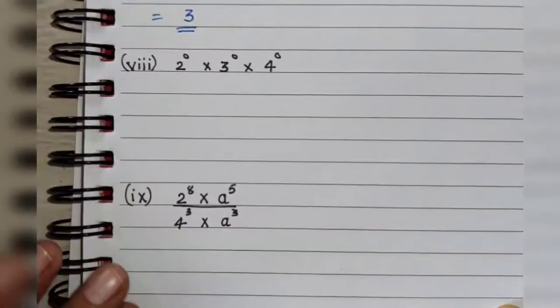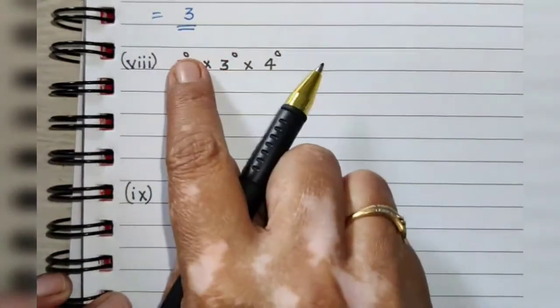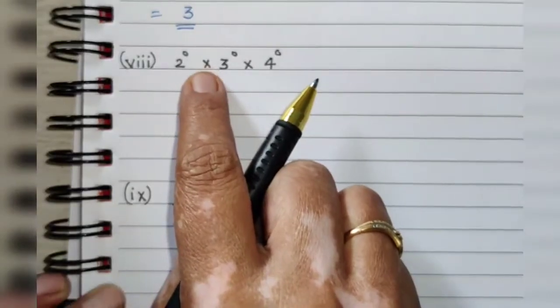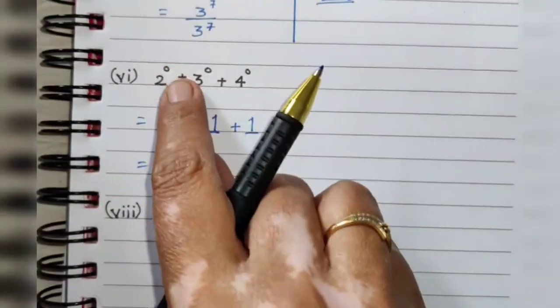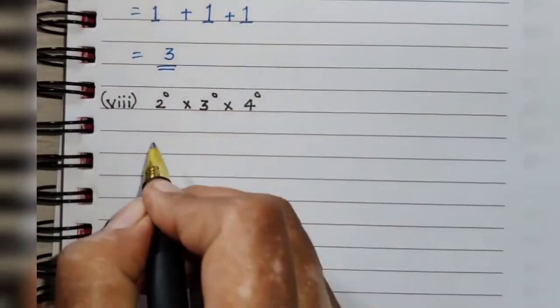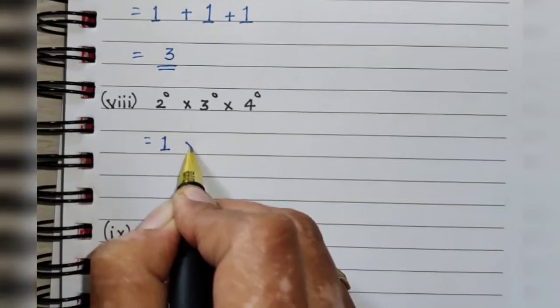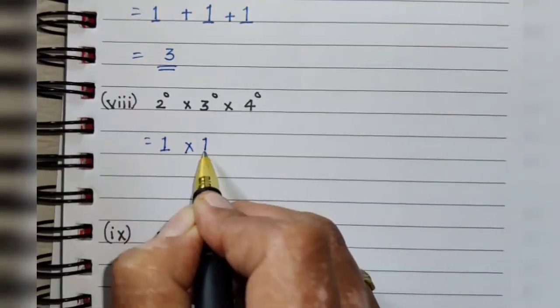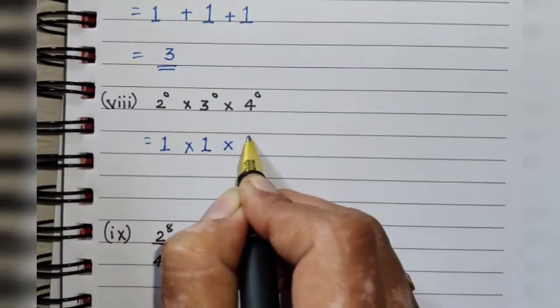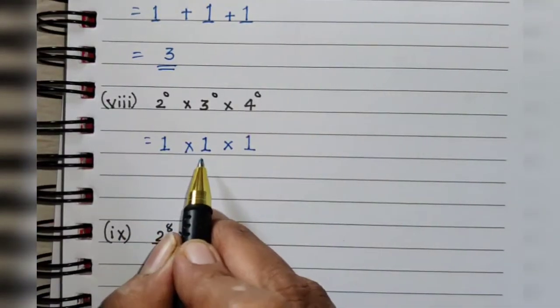Now let us move ahead to the 8th question, where the same numbers with the same powers are there, but the only difference is that instead of having the addition sign, now they have given you multiplication. So let us start. 2 to the power 0 is 1, multiply, 3 to the power 0 is 1, multiply, 4 to the power 0 is 1. 1 ones are 1, 1 ones are 1.